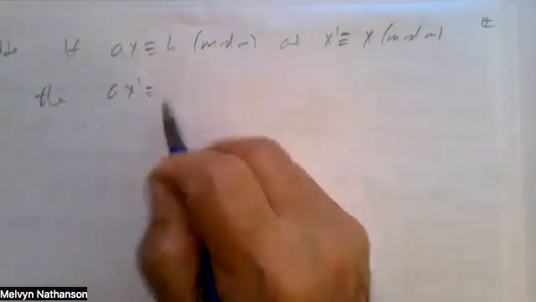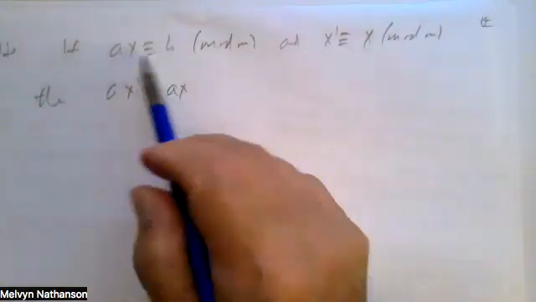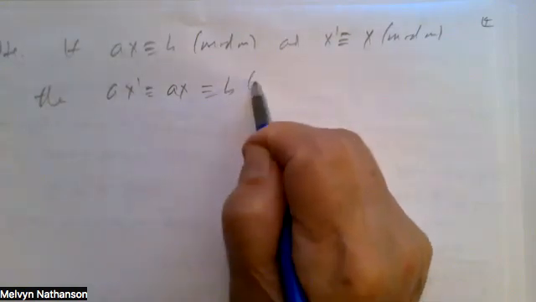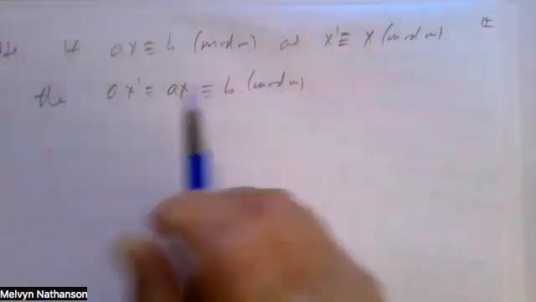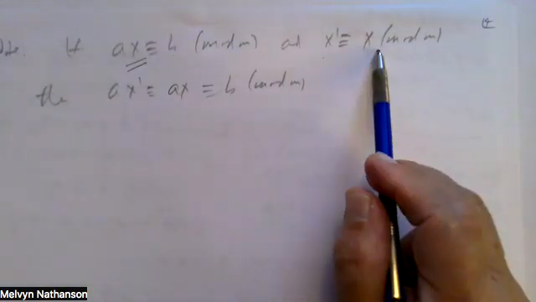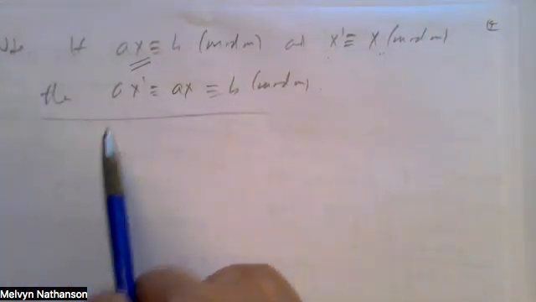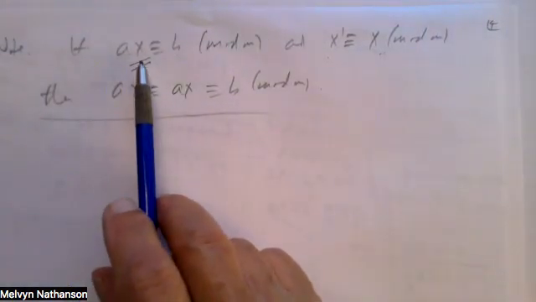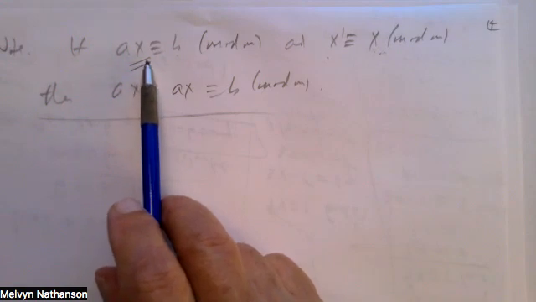AX prime is congruent to AX, but AX is congruent to B mod M. So if X is a solution and X prime is congruent mod M to X, X prime is also a solution. So if there's one solution, there are infinitely many integers that are solutions.